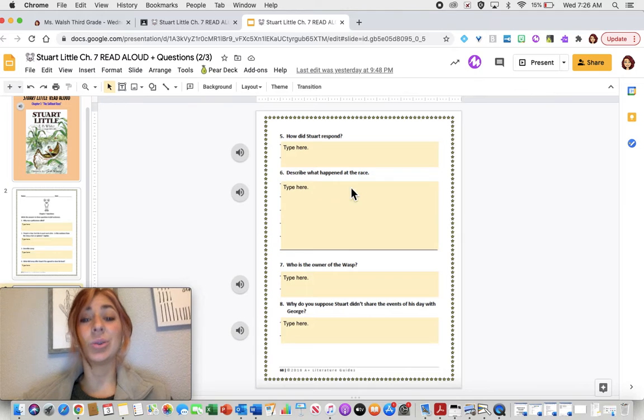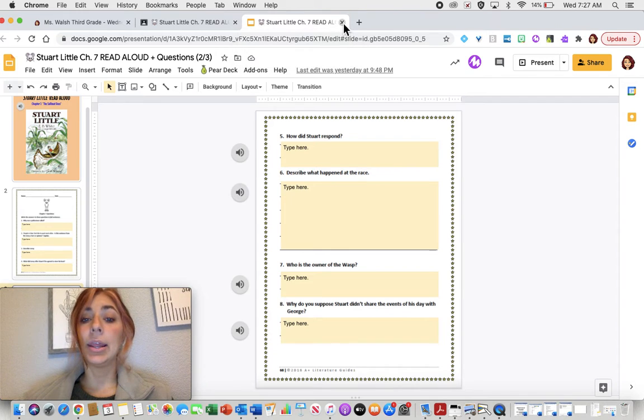This is where you're going to need to put some more details. I'm going to let you know 1 sentence answers are probably not going to be sufficient for this question. I want you to tell me what happened during the race. You're giving me a summary basically, so just a couple of sentences explaining what happened, but still giving Miss Walsh enough details so she can imagine it in her head.